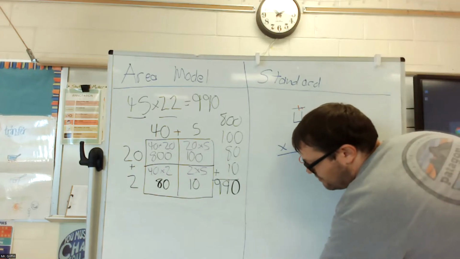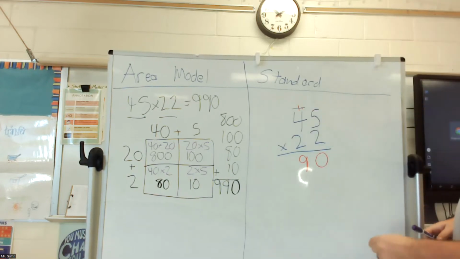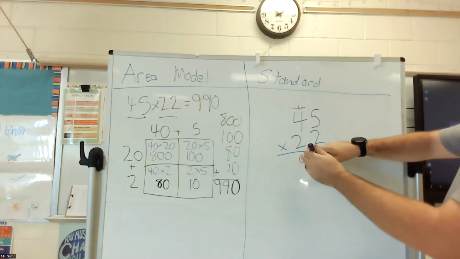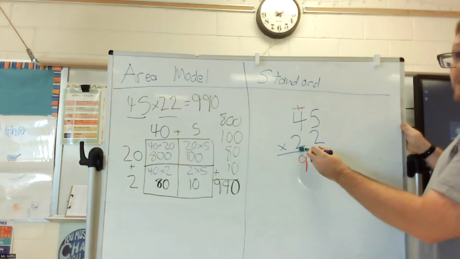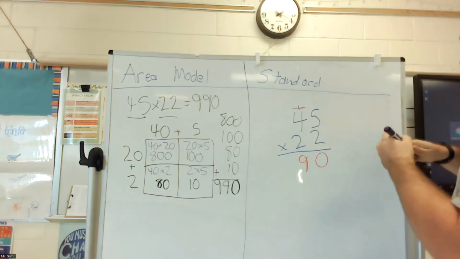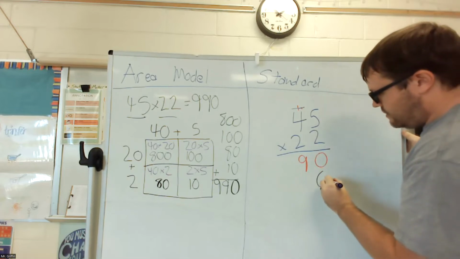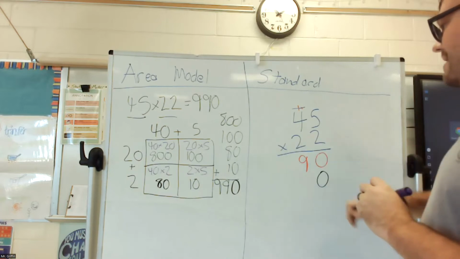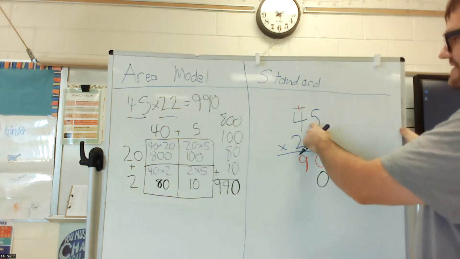So now I'm going to switch and I'm going to do 45 times 20. Okay, now this 2 is in the tens place, meaning it's 20. So since I'm doing 45 times 20, I'm going to put a 0 here to start to signify that I've now moved to my tens place in my bottom number. Then I do 5 times 2 again.